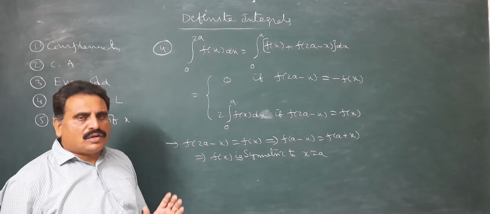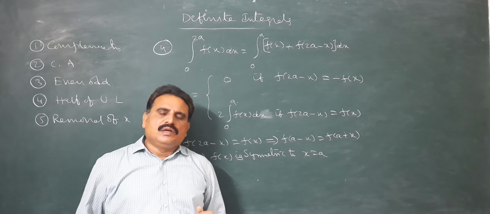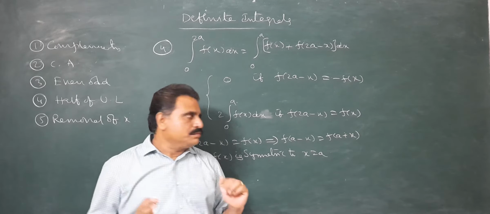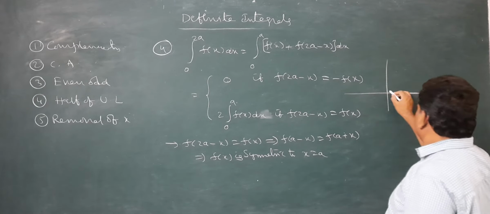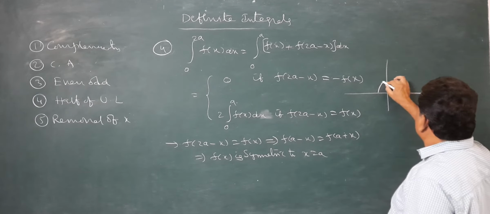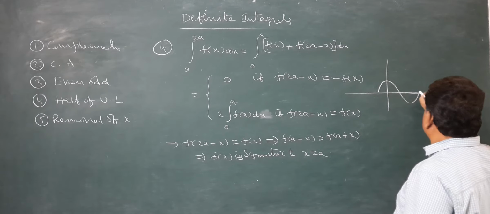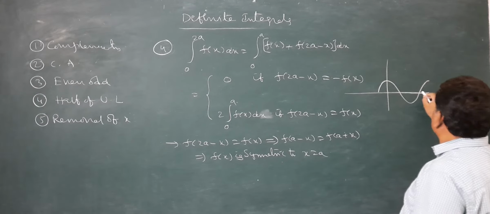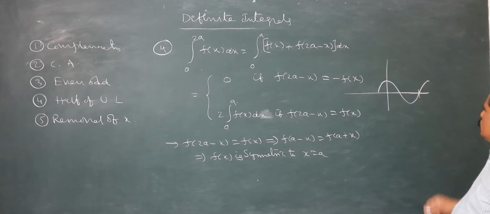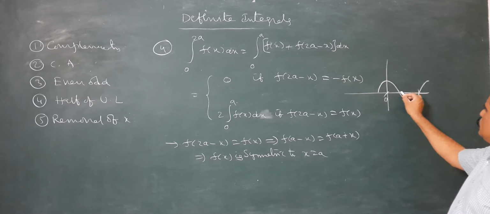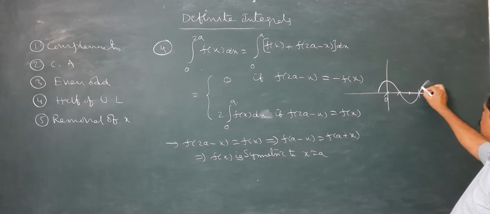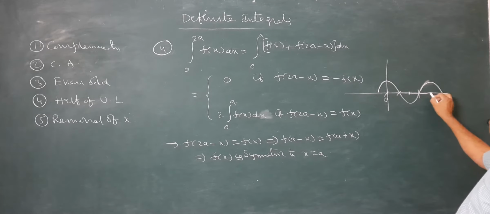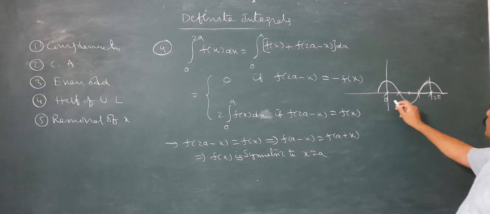For example, if you observe cos x from 0 to 2 pi, cos of 2 pi minus x is cos x. This is 2 pi.